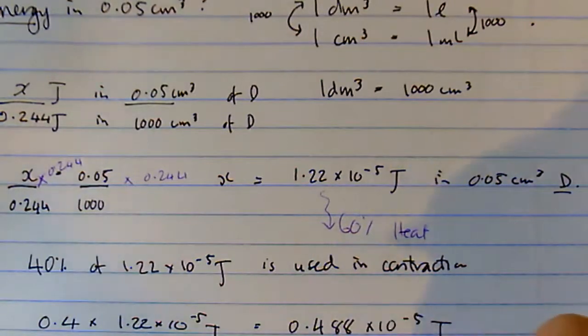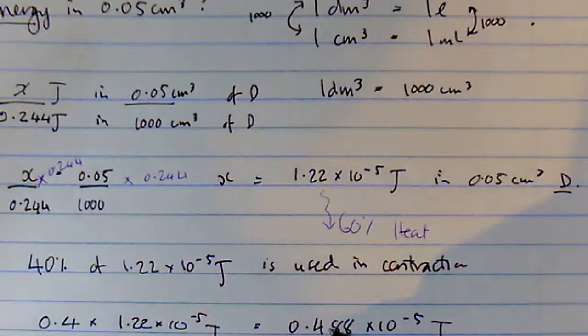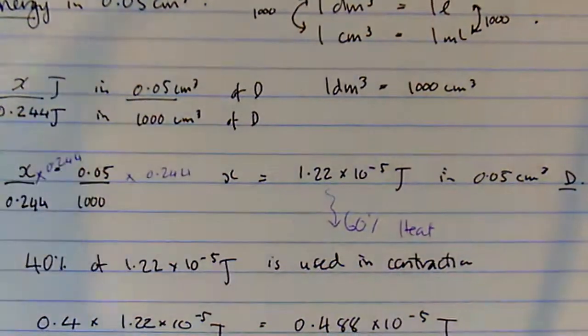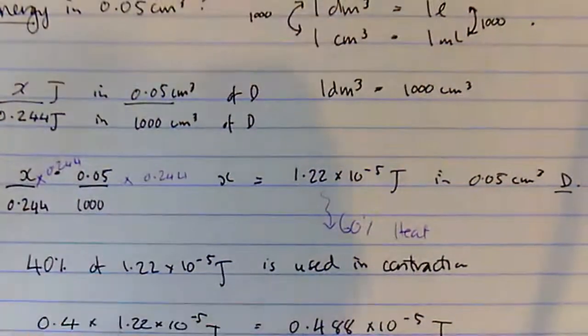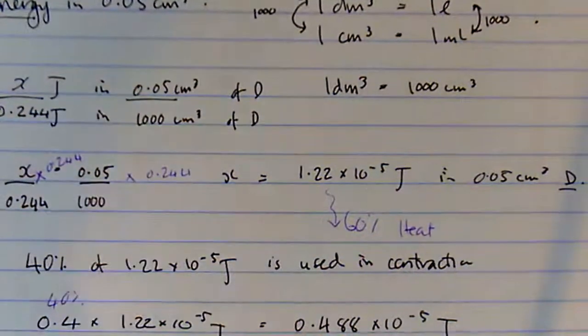And then I want to convert that to a better number, 4.88 times 10 to the minus 6 joules, okay? Because I multiply this by 10, so I divide that by 10 to keep it the same number. You could have also said here, if you're using your calculator, 40% multiplied by 1.22 times 10 to the minus 5 joules.